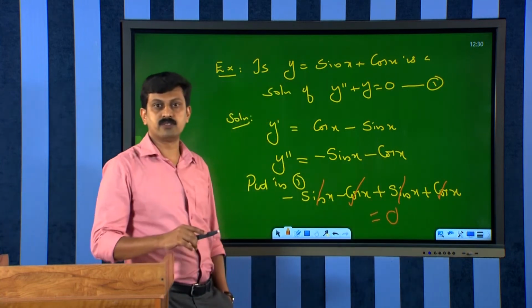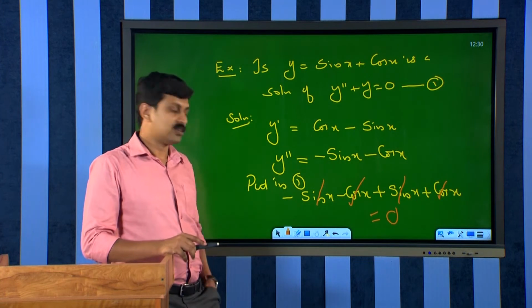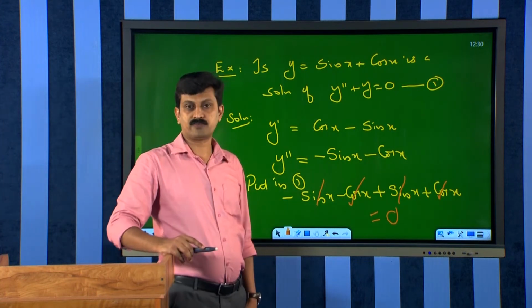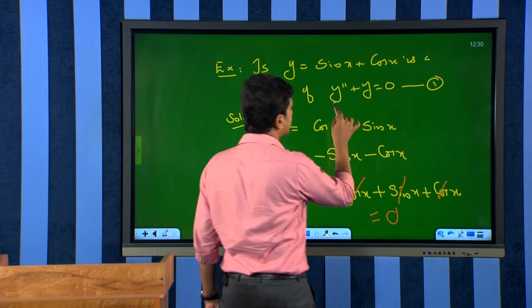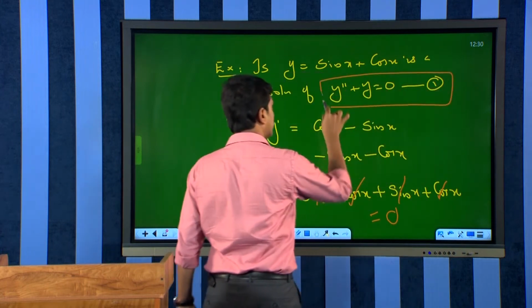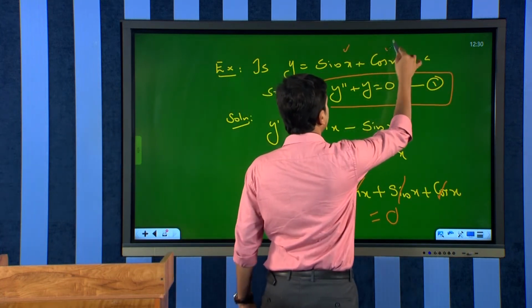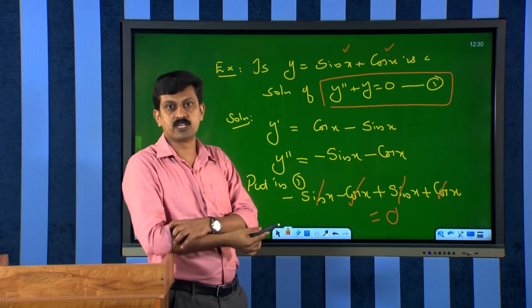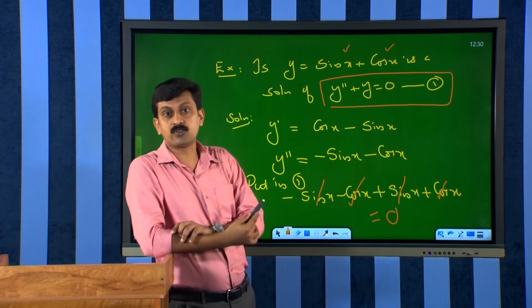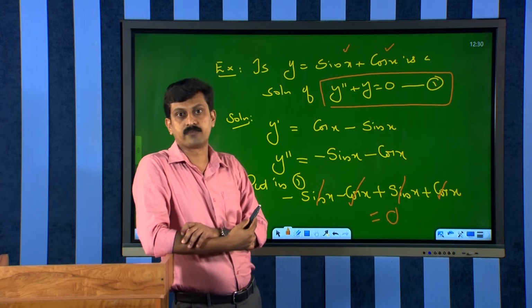Finally we will have the value equal to 0, so that satisfies the equation. See, sin x is a solution of this differential equation and cos x is also a solution, and sin x plus cos x is also a solution of this differential equation.